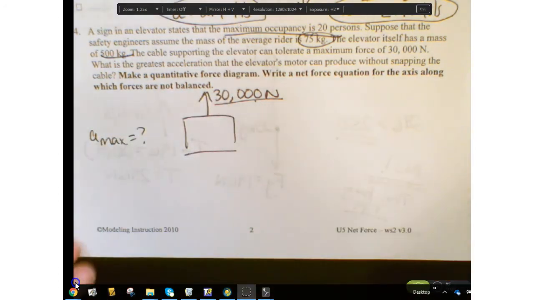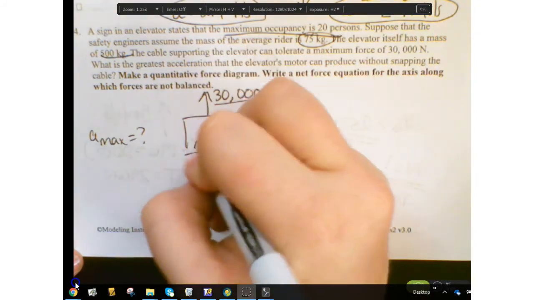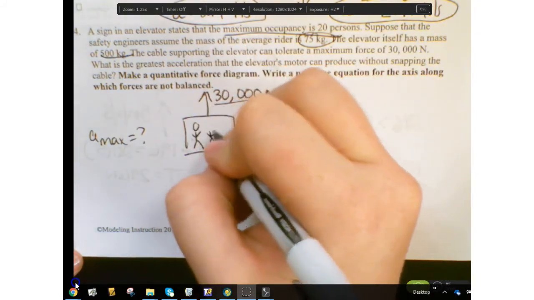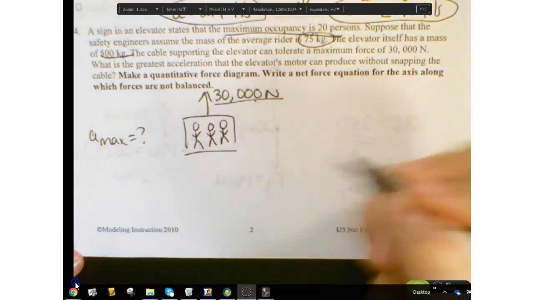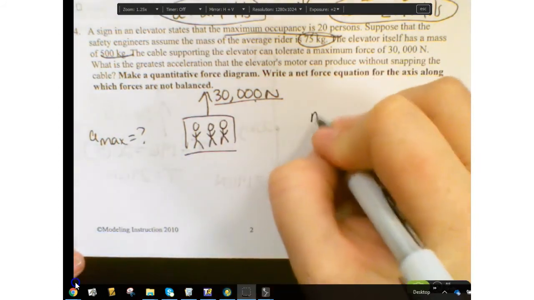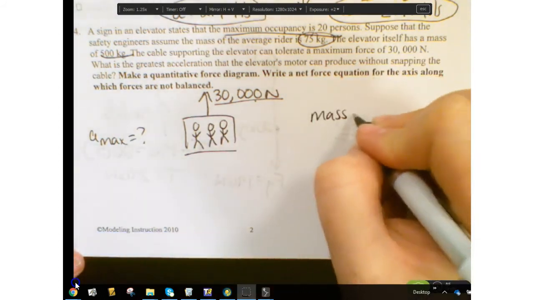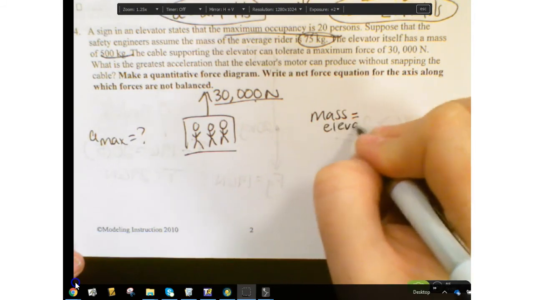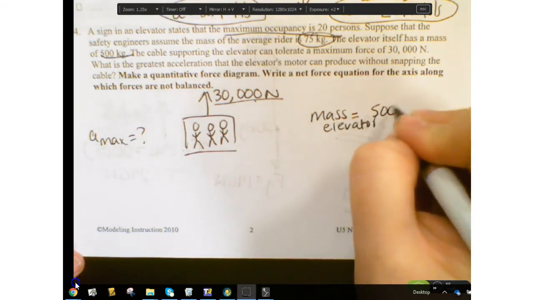So really we want to use the max tension here. I'm looking for a maximum acceleration. So I want to fill the elevator with as many people as it is rated for. So I want to say we have the mass of the elevator, which is 500 kilograms.